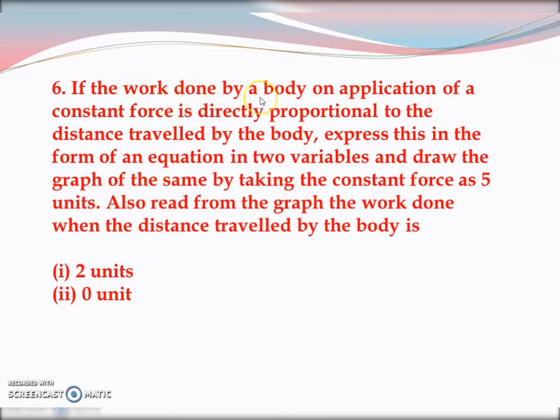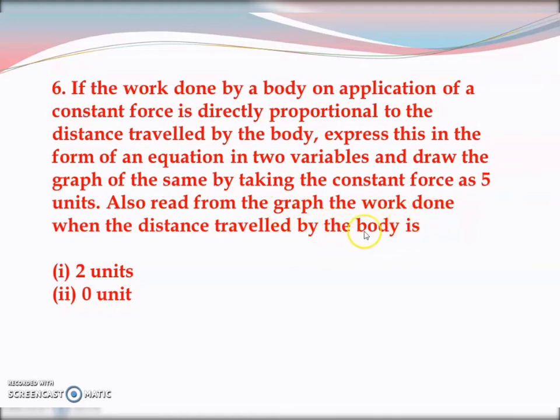The work done by a body on application of a constant force is directly proportional to the distance travelled by the body. So the work done is directly proportional to the distance the body covers. Express this in the form of an equation in 2 variables and draw the graph of the same by taking the constant force as 5 units.